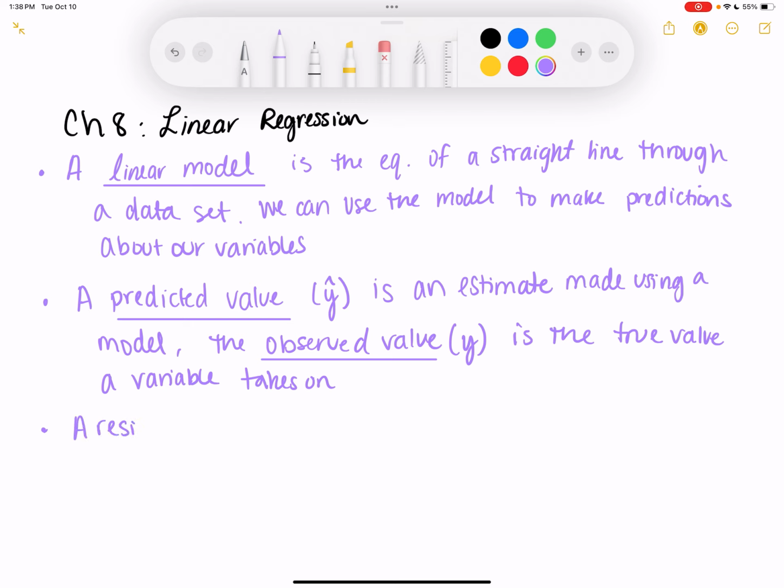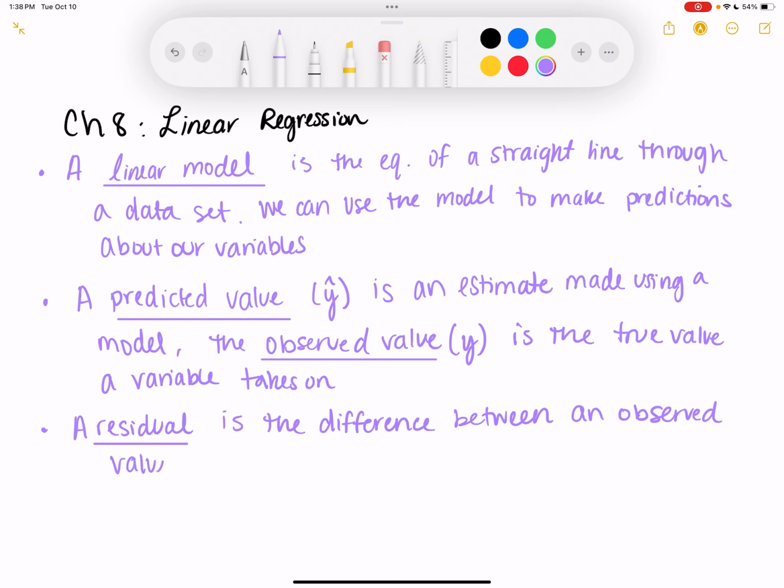A residual is the difference between an observed value and what the model predicts.